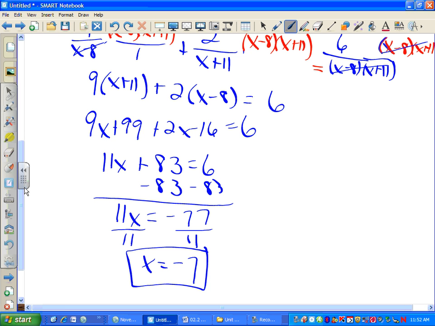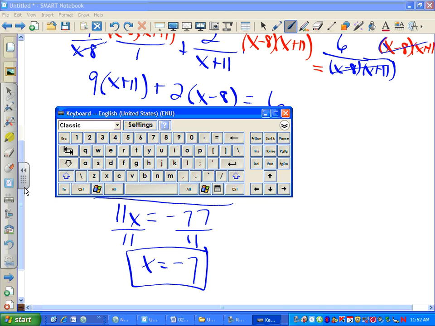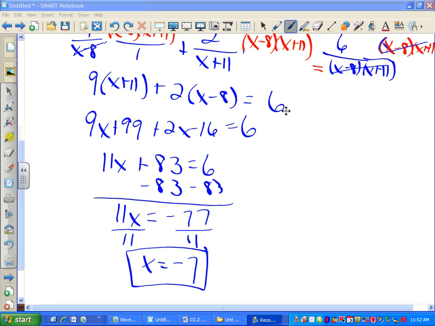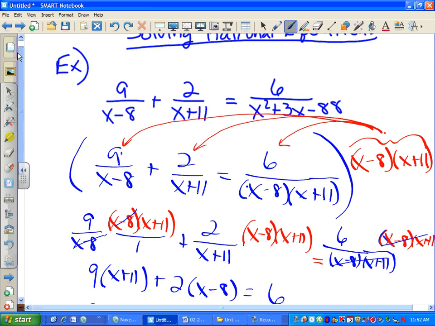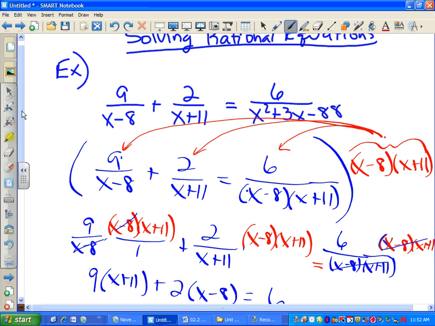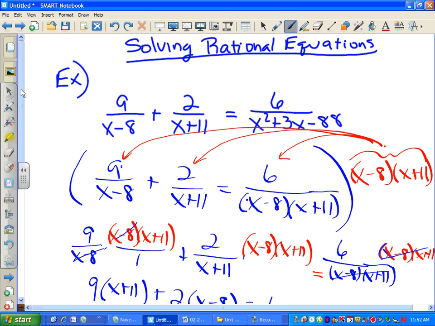Does anybody remember these from last year and remember having to ask yourself, is this answer okay? It has something to do with the original question. Would any value of x make the original equation not work? What would it be?